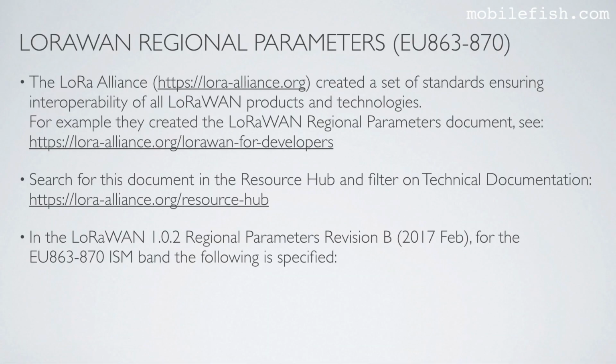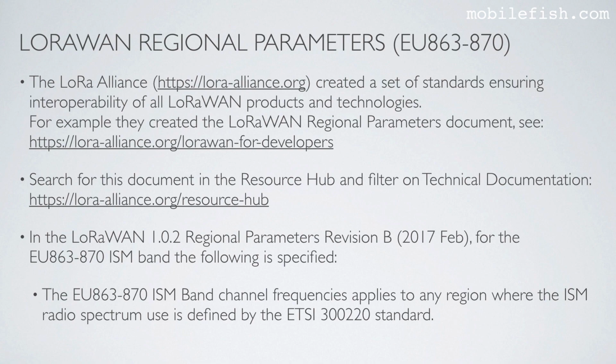In the LoRaWAN 1.0.2 Regional Parameters document, revision B, for the AU 863 to 870 ISM band, the following is specified. The AU 863 to 870 ISM band channel frequencies apply to any region where the ISM radio spectrum use is defined by the ETSI 300220 standard.